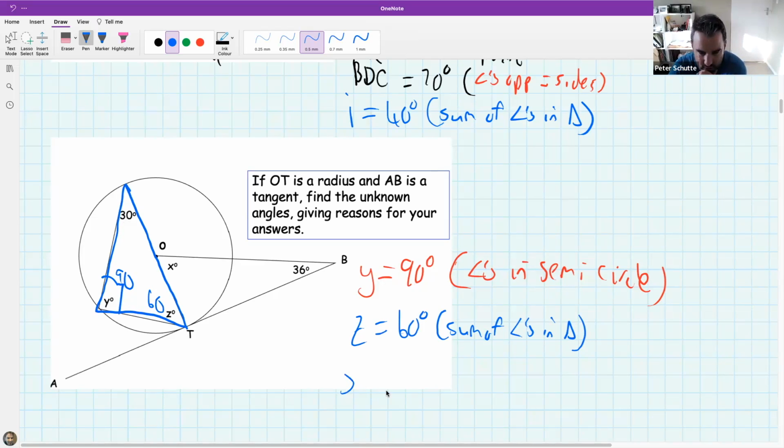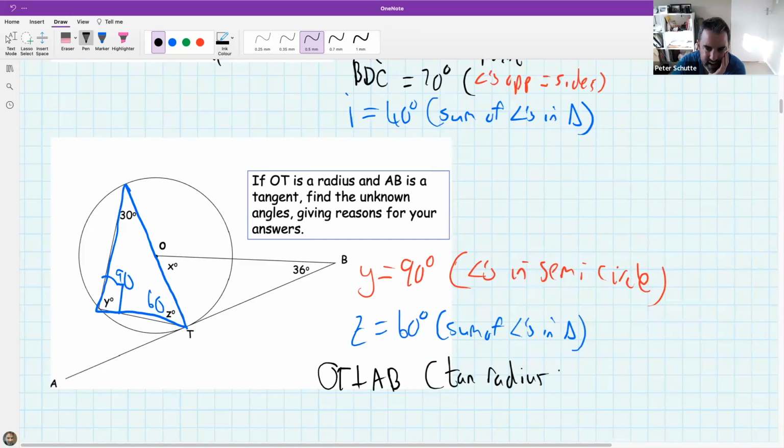Now, what is X going to be? I feel like we have to invoke, yeah, so we're going to say OT is perpendicular to AB, and that is the tan radius theorem, which means that that's basically 90.